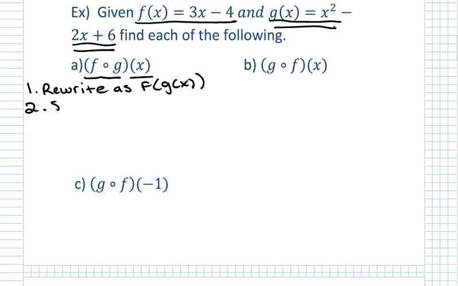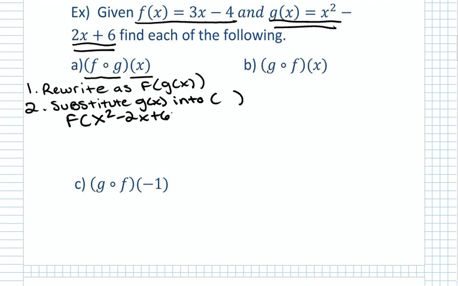Step two, you're going to substitute the g of x into the parentheses. So you'll have f parentheses x squared minus 2x plus 6. Step 3, you're going to find f of parentheses x squared minus 2x plus 6.